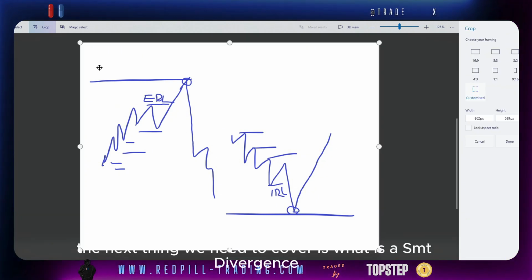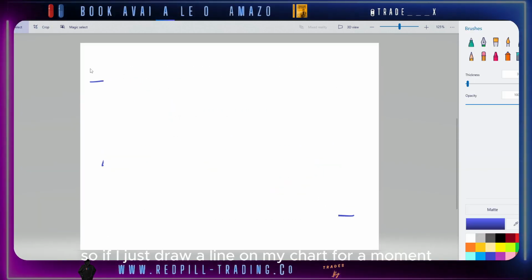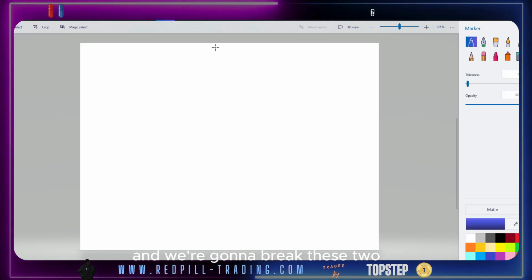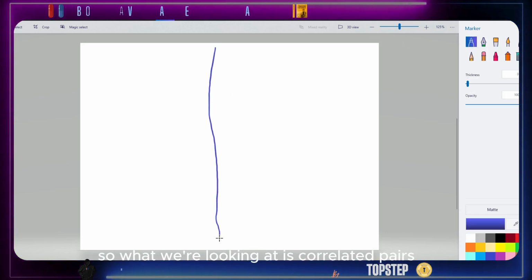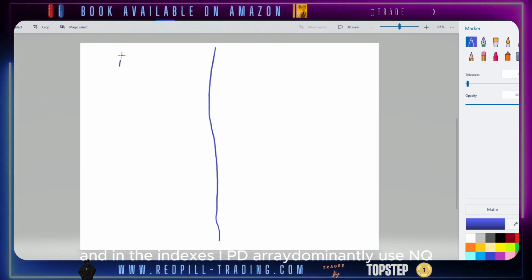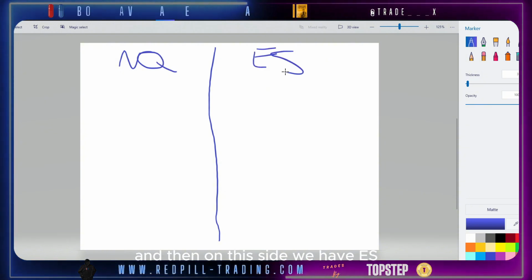The next thing we need to cover is what is a SMT. So if I just draw a line on my chart for a moment, and we're going to break these two. So what we're looking at is correlated pairs, and in the indexes I predominantly use NQ, and then on this side we have ES.